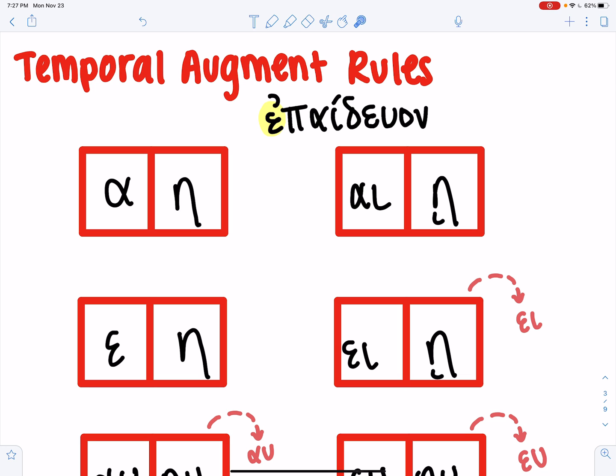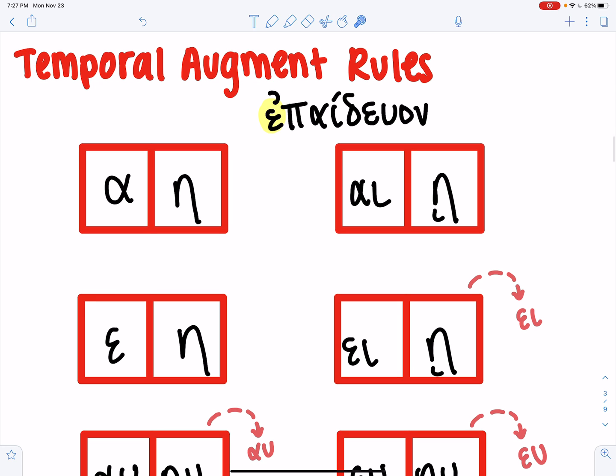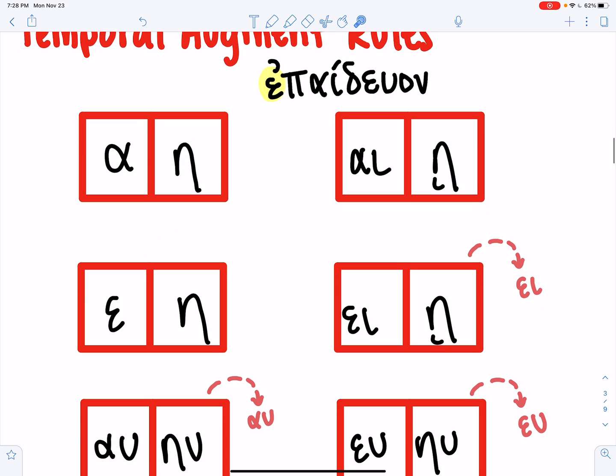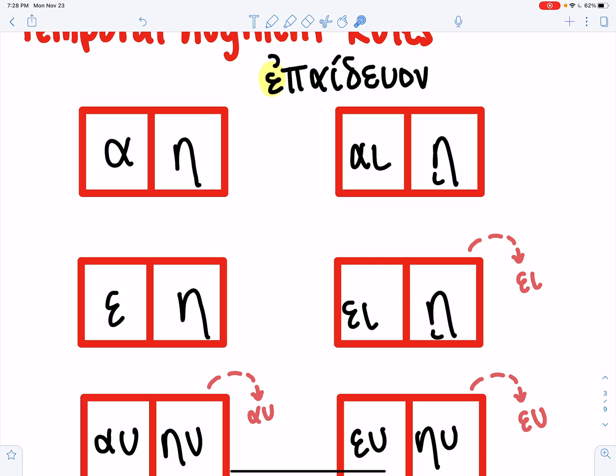For these augment rules, like I said, if you combine the alpha with the epsilon, it turns into an eta. Or an easier way to think of it is if you see a word that starts with alpha, just replace the alpha with an eta.